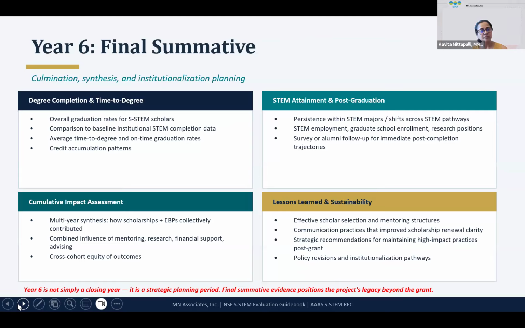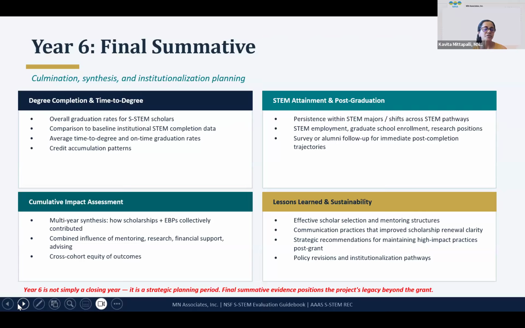The final deliverables in Year 6 include a comprehensive evaluation report, which has an executive summary for institutional leadership that emphasizes the return on investment, lessons learned, recommendations, and sustainability guidance. So critically, Year 6 reporting is not just retrospective.